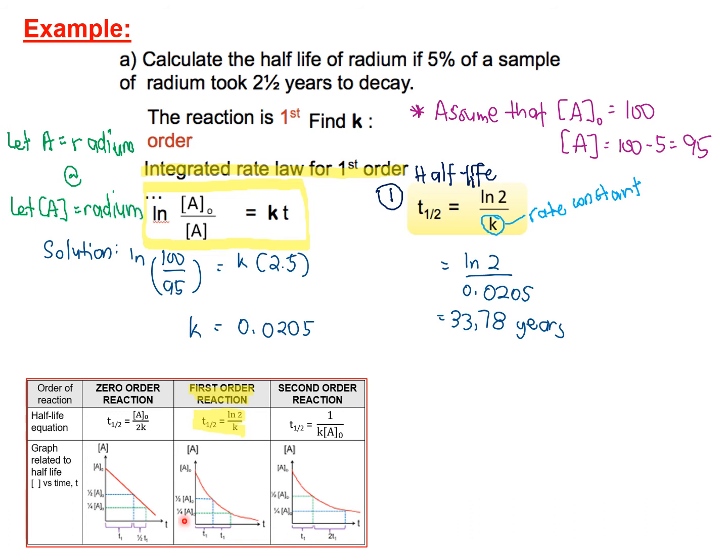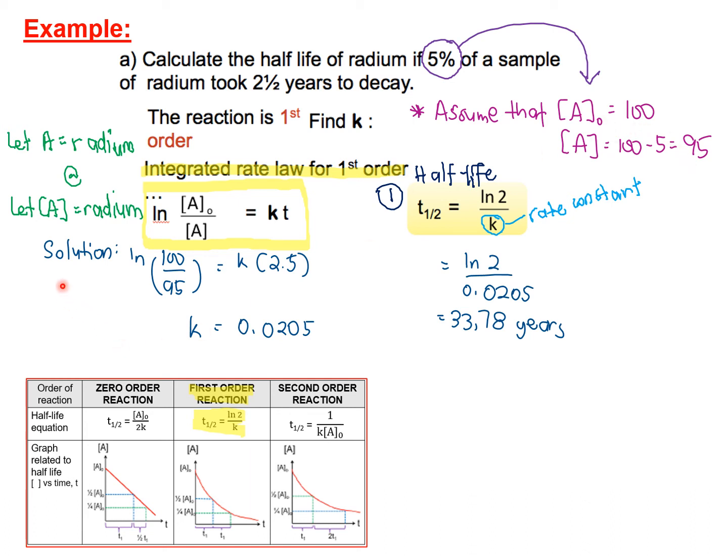So, bila you dah buat let A is equals to radium, barulah you boleh assume, since that this is in percentage, you bolehlah buat assumption di mana concentration initial for this reactant radium ni ialah 100, concentration final dia ialah 100 minus 5 is 95.